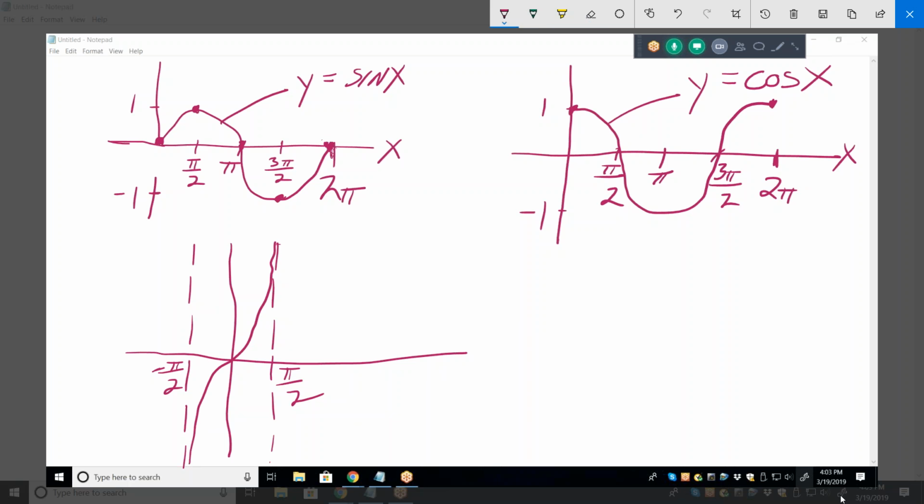And furthermore, you have an asymptote every pi. So the period of the tangent function is actually pi. It's not 2 pi. In other words, this is 3 pi over 2. This is 5 pi over 2. And it just repeats.